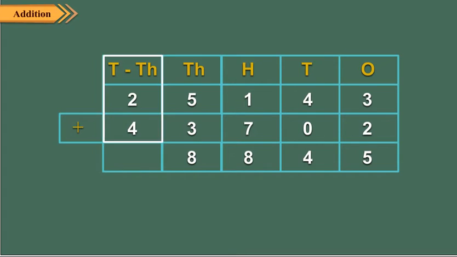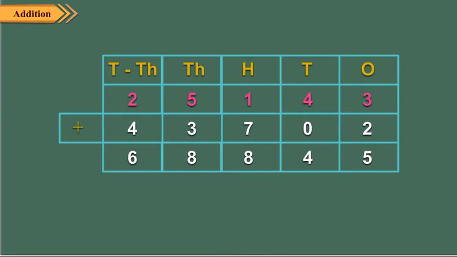Finally, add the 10 thousands. 2 ten-thousands plus 4 ten-thousands is equal to 6 ten-thousands. So we write 6 in the ten-thousands place.